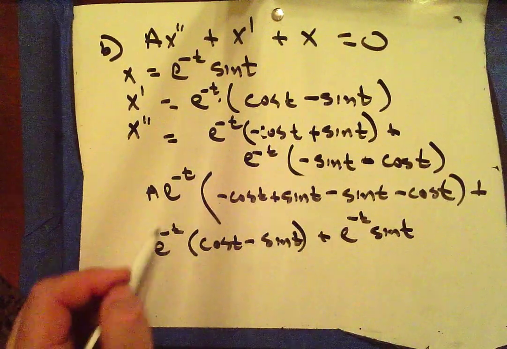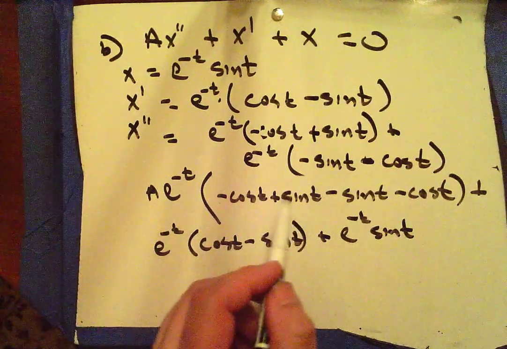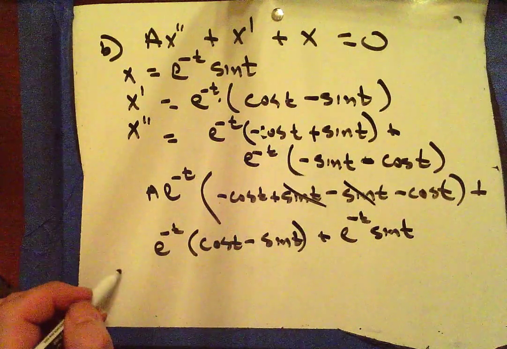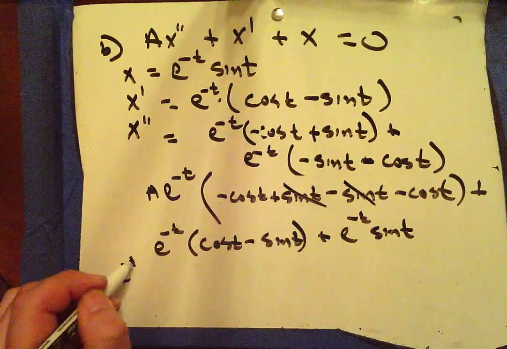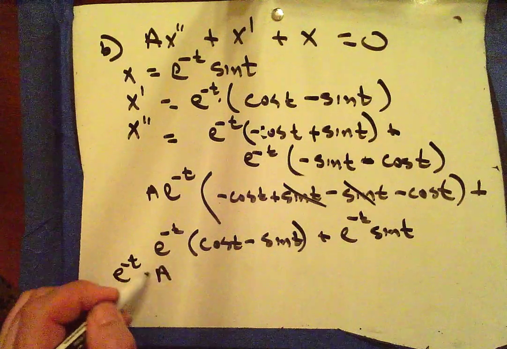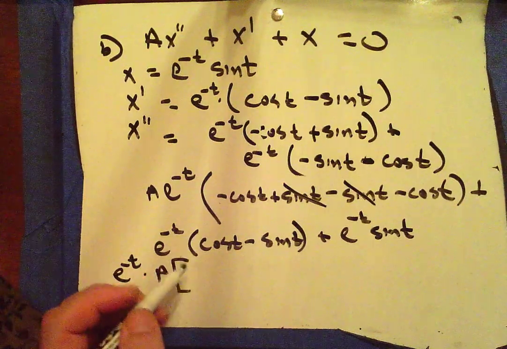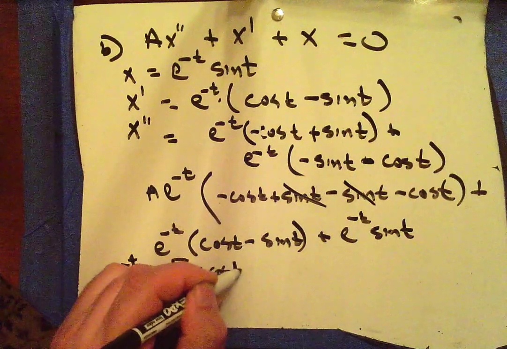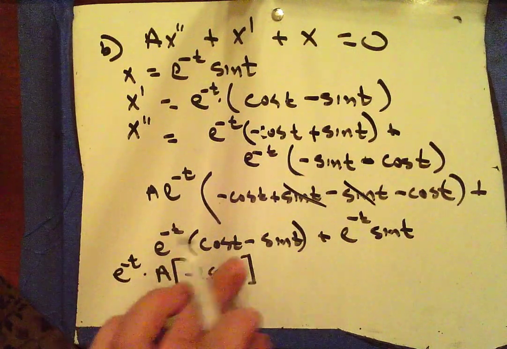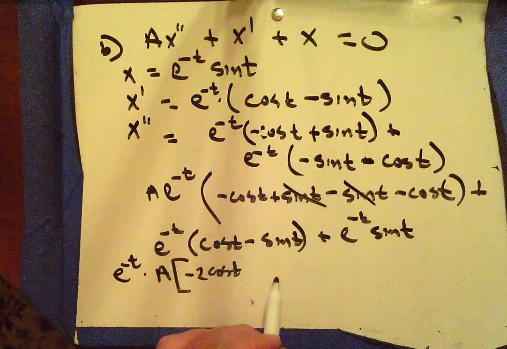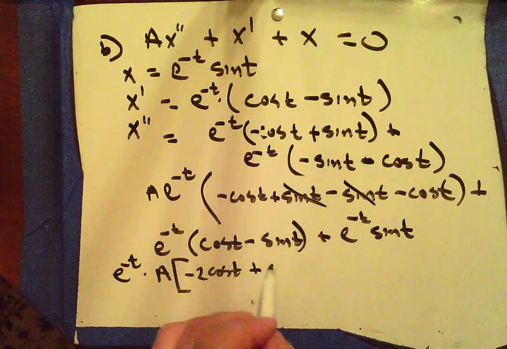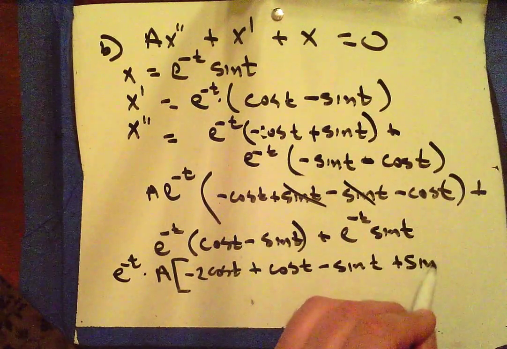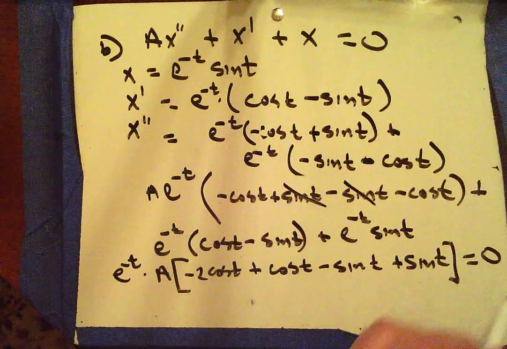Okay, I'm going to factor out the e to the minus t, and I'm going to combine these like terms, and I'm going to see that e to the minus t times a, and then we've got minus 2 cosine t plus cosine t minus sine t plus sine t equals 0.